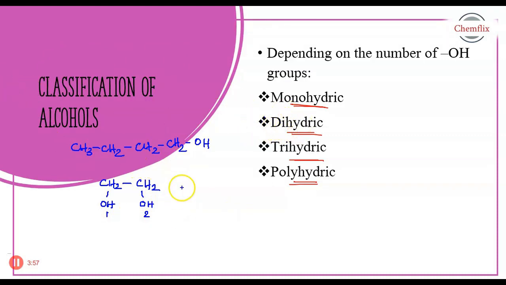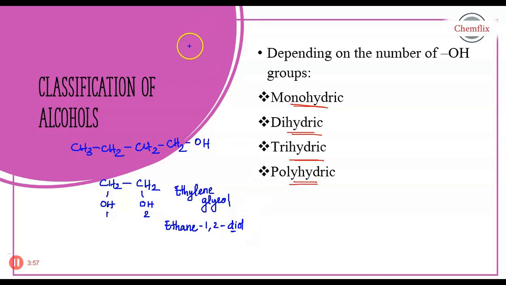This is ethylene glycol, the common name, or otherwise the IUPAC name is ethane-1,2-diol. Whenever you are separating words and numerals, you have to put a dash or hyphen there. So ethane-1,2-diol, diol, because there are two alcoholic groups.